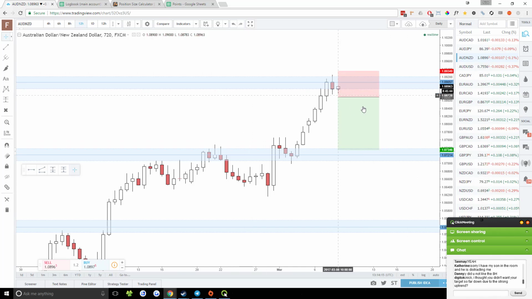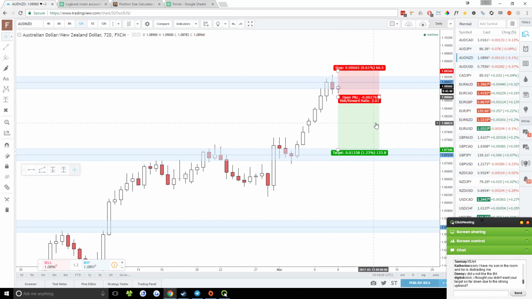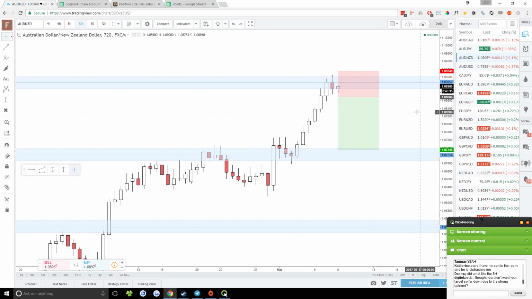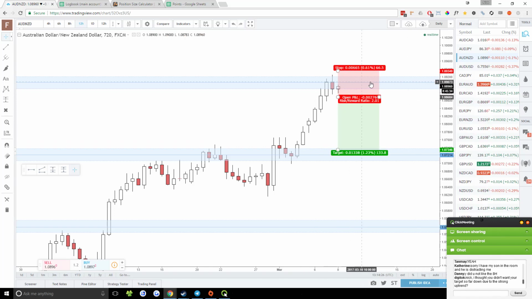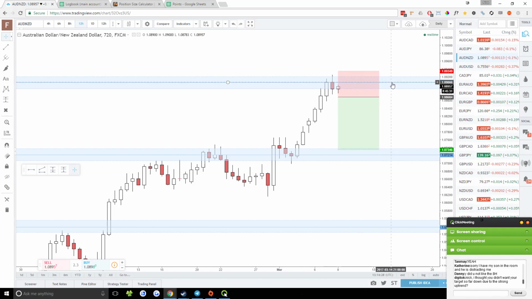Try to understand what's actually happening here, and then make your own decision if you want to enter this trade. Don't just jump in because I'm saying that I've got a pending order here. Do your own analysis on this specific setup. You have to figure out if it's a good setup for you.